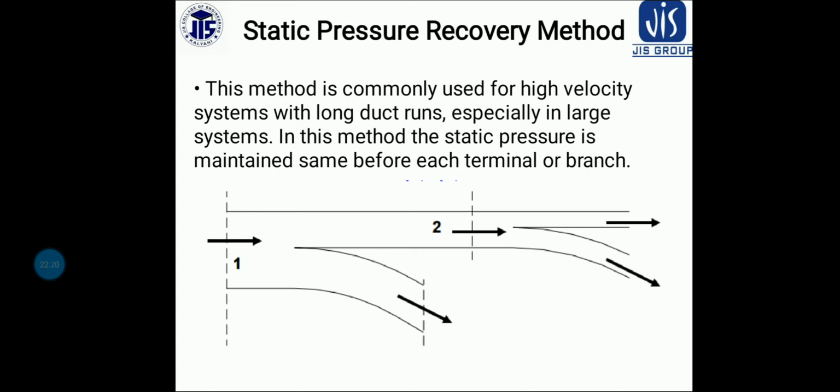After that, P is the static pressure, rho C1 square by 2g is the velocity head, the velocity pressure due to velocity, and rho g Z1 is the pressure due to potential energy.